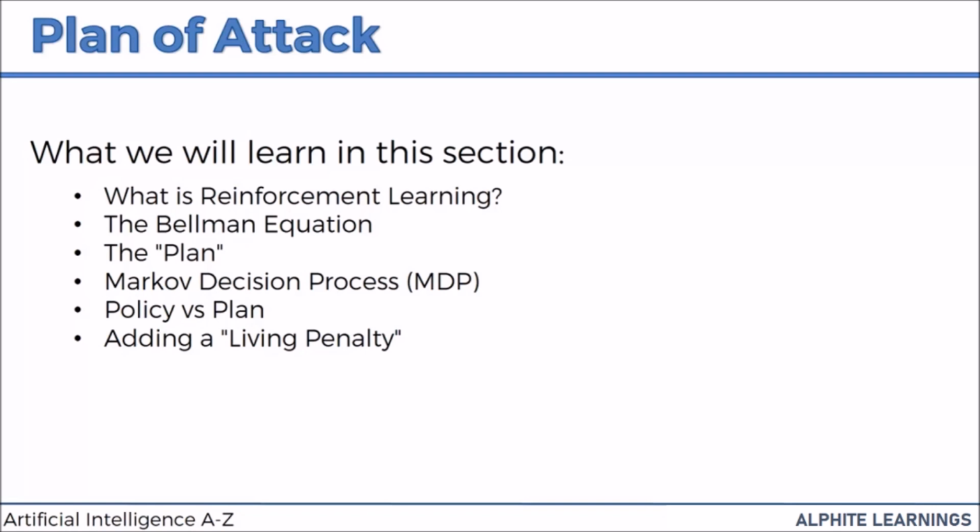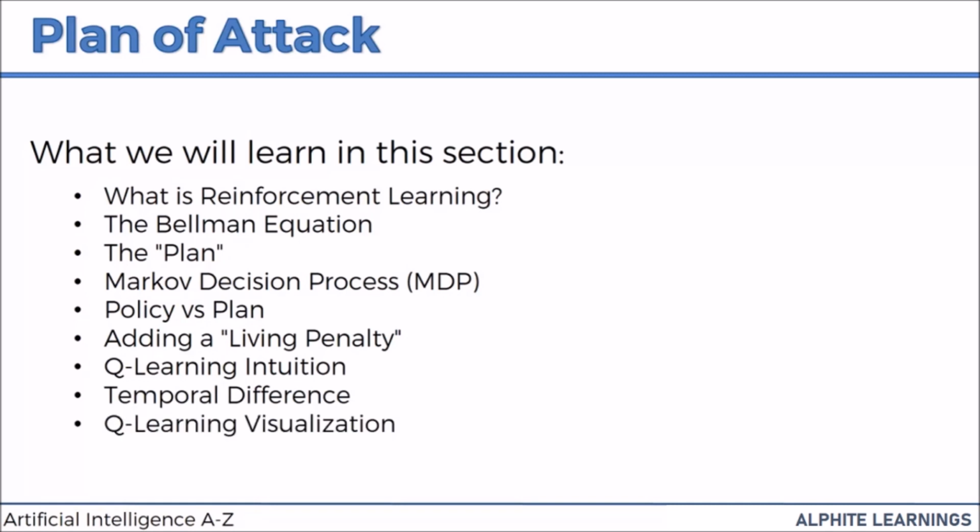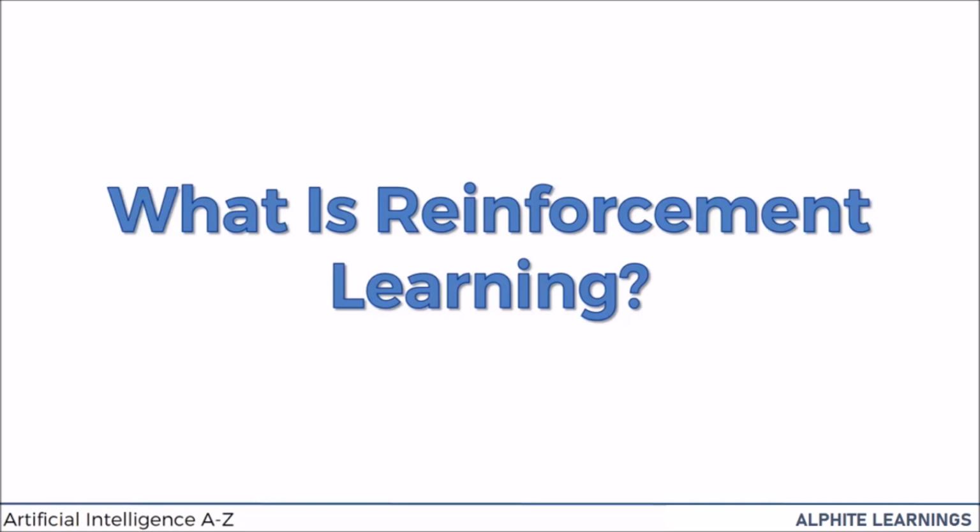In a driverless car you'll be sensing different things, and it will be totally different if you are dealing with a board game, so depending upon the environment we'll add some living penalties. Then Q learning intuition, what all needs to be considered and interpreted, and the temporal differences and the Q learning visualization, which will be done in full.